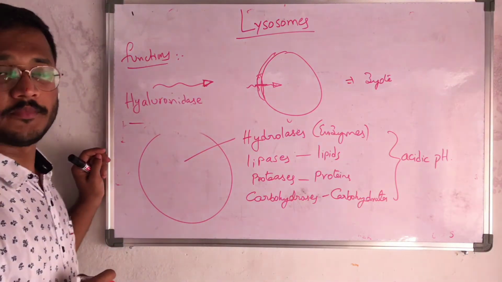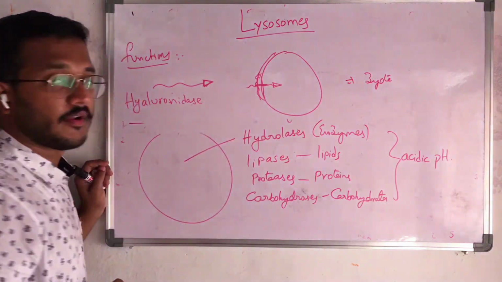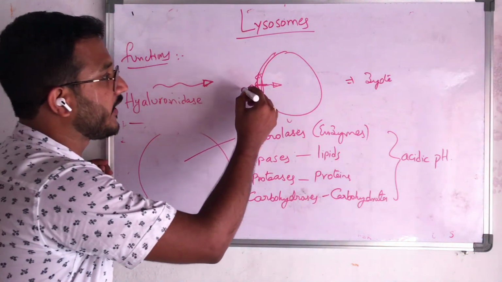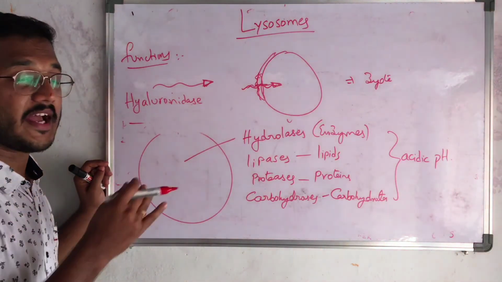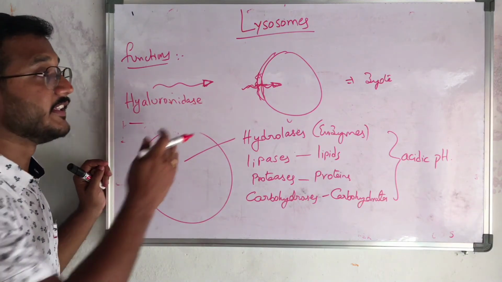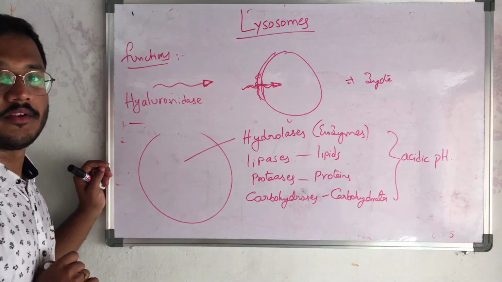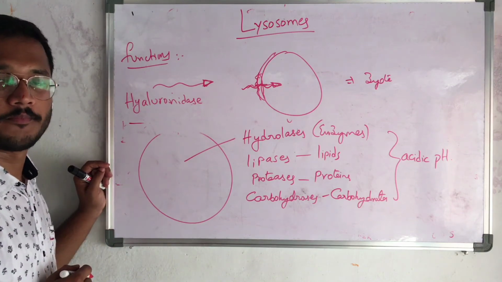This is the enzyme which helps in breaking this membrane and facilitates the movement of the sperm into the egg cell. It dissolves or breaks down the outer membrane. This is the significance of lysosome.